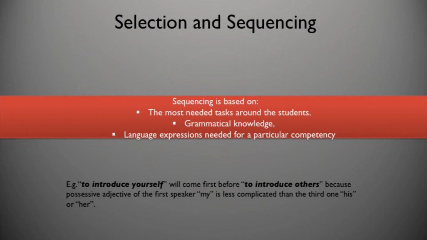Why? Because the possessive adjective of the first person in introducing yourself, like my name or I live, is easier or less complicated than the third person possessive adjective, for example, his or her name.